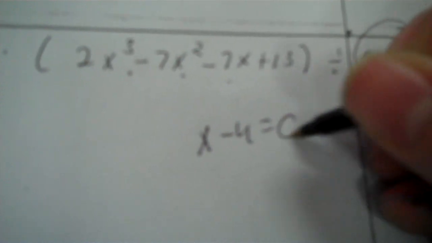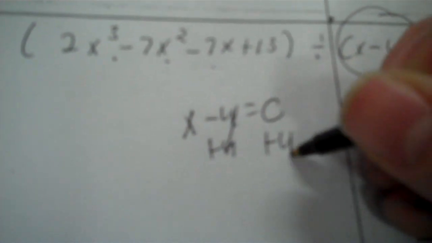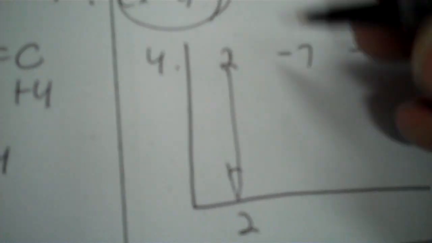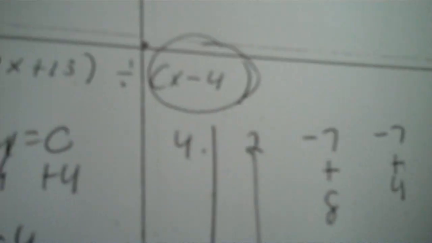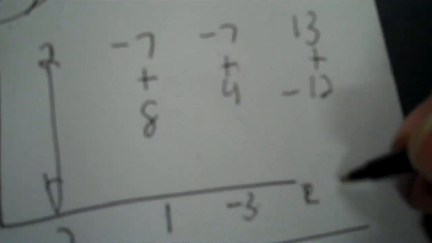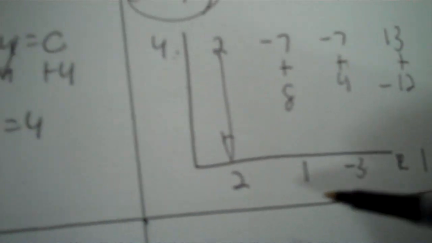So a nice linear factor for me to solve: plus 4, so 4 would be the divisor. 2 times 4 is 8. Negative 7 plus 8 is 1. 1 times 4 is 4. Negative 7 plus 4 is negative 3. Negative 3 times 4 is negative 12, and we get a remainder. Oh well, I don't have to solve it anyway. So it's 2, it goes from x cubed to x to the 2nd.